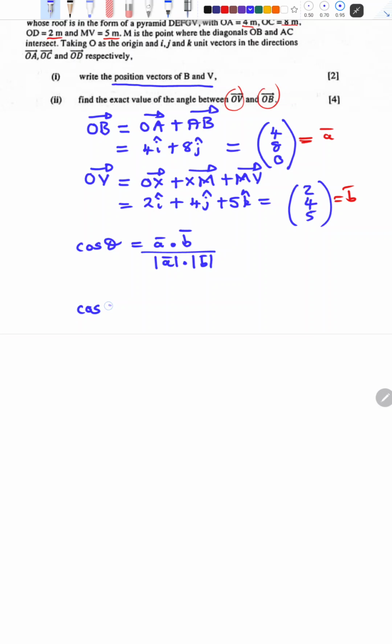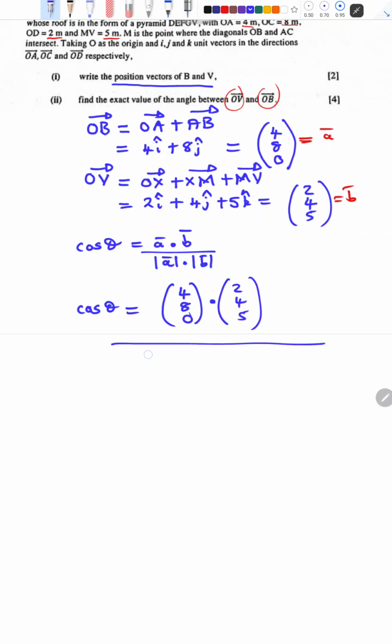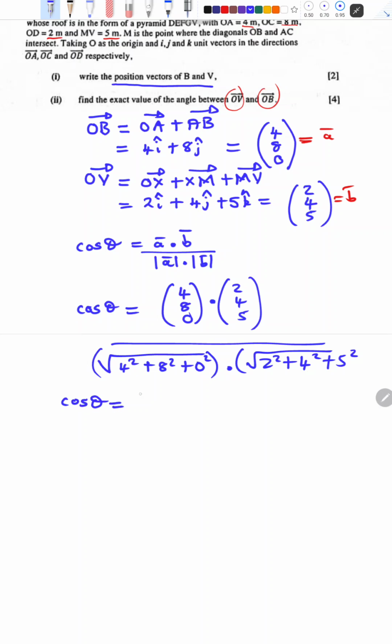You have cos theta is equal to (4, 8, 0) dot product (2, 4, 5) divided by the modulus. So you are now saying square root of 4 squared plus 8 squared plus 0 squared, times square root of 2 squared plus 4 squared plus 5 squared. Then you proceed. Cos theta is equal to 4 times 2, it gives you 8. 8 times 4, you get 32. 0 times 5, you get 0.